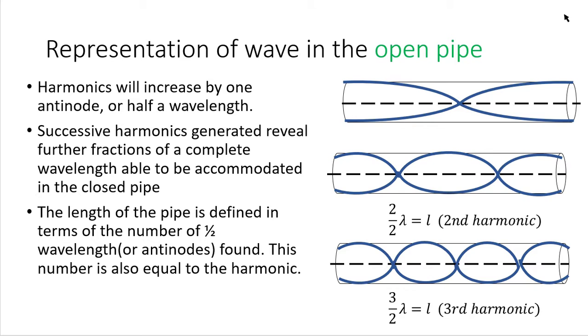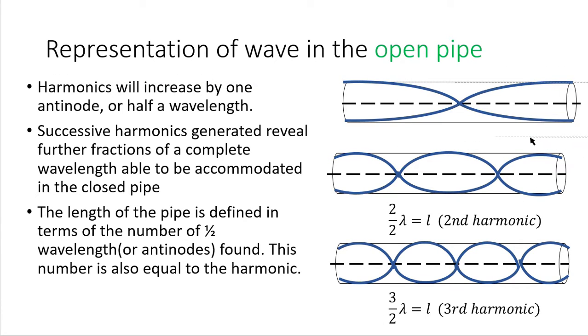Now this one's a lot different to closed pipes. You can see that the harmonics increase by antinodes, or half wavelengths. They increase by a half a wavelength added, or an antinode. This is useful because it allows us to have sequential numbers of harmonics.